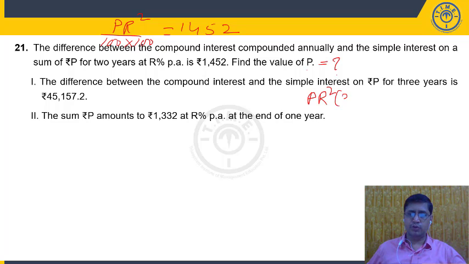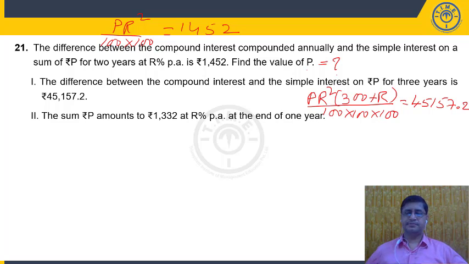PR square into 300 plus R by 100 into 100 into 100 is equal to 45,157.2. We need to find the P value.